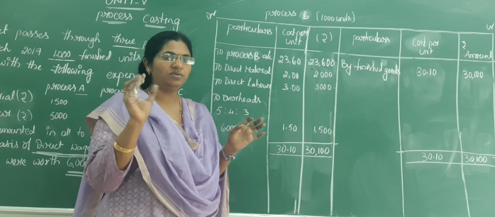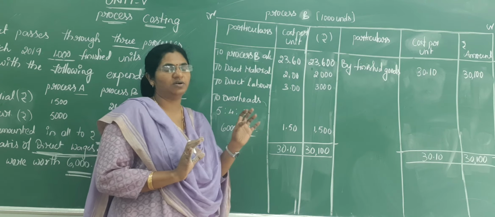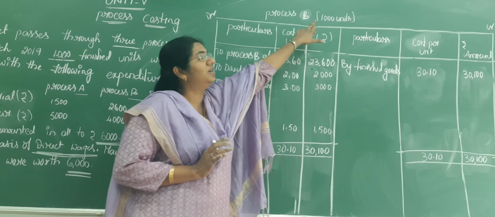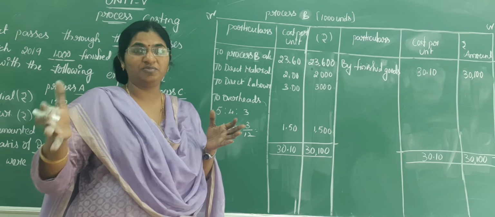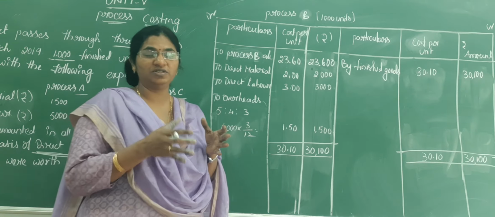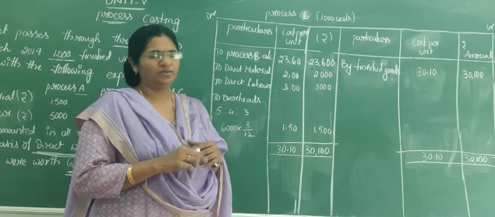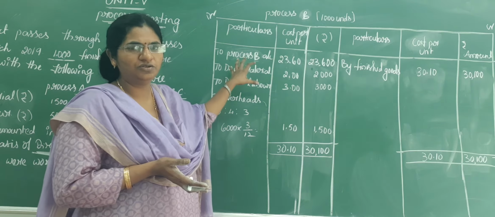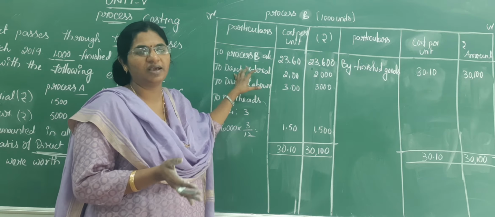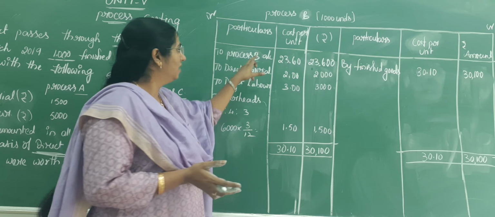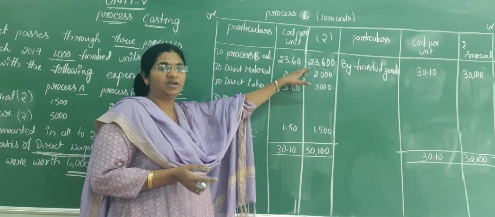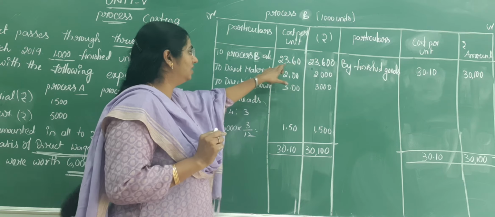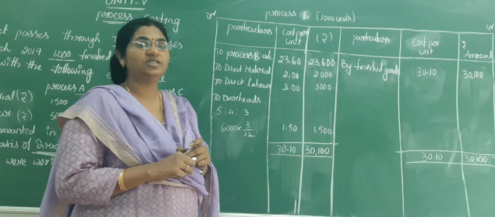And we need to find out what is the overall cost of 1,000 units which has processed through three different processes, process A, process B and process C. So we just need to transfer the amount which we have calculated in process B, which we transfer to process C, 23,600 and each unit cost is 23 rupees and 60 paisa.